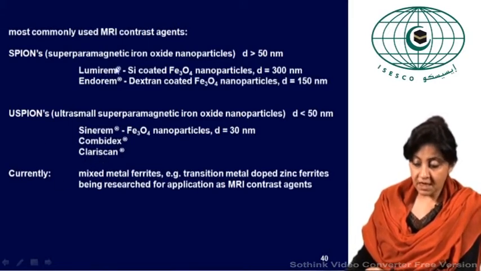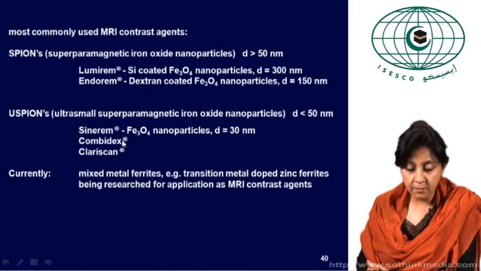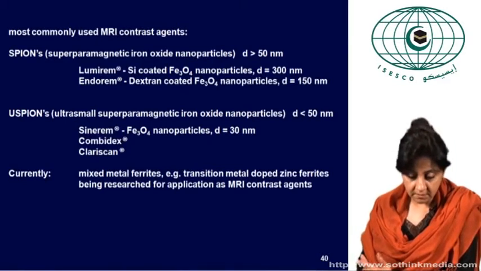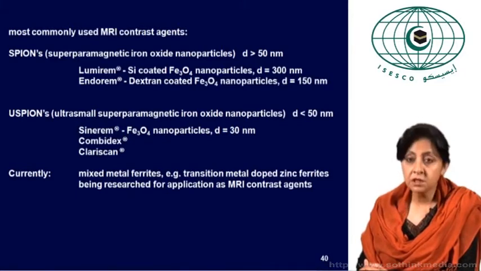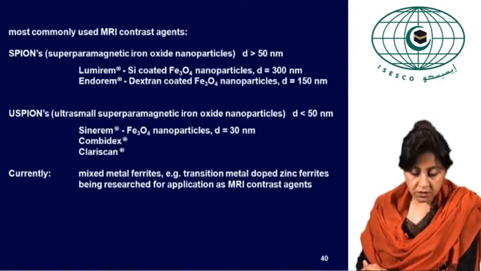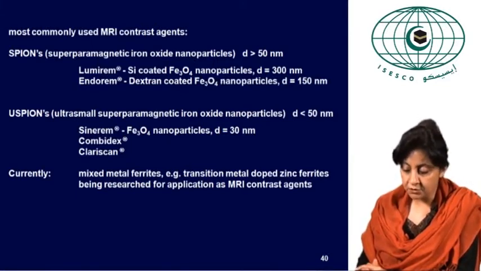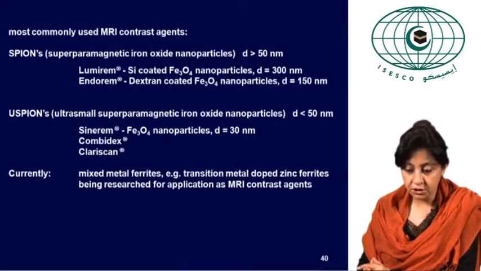However, you will note that all these medically available diagnostic materials are of magnetite, and currently research is going on to use materials which are mixed metal ferrites, for example transition metal doped zinc ferrites, and these are being researched for applications as MRI contrast agents.